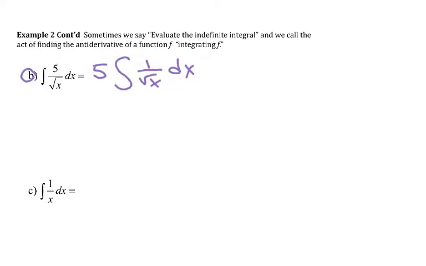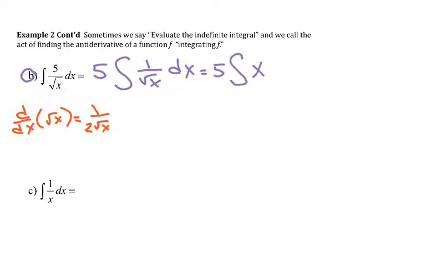We know that the derivative of the square root of x is 1 over 2 times the square root of x. That's not exactly what I have. So let's do this. This is x to the negative 1/2. And now I can use my power rule.